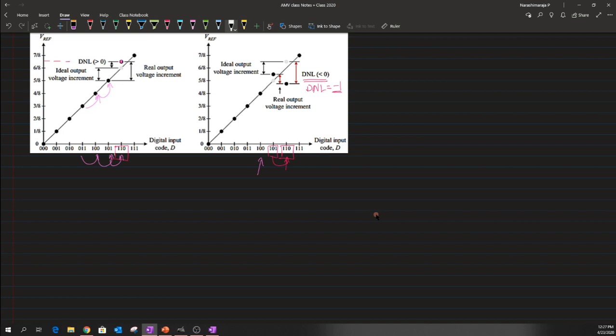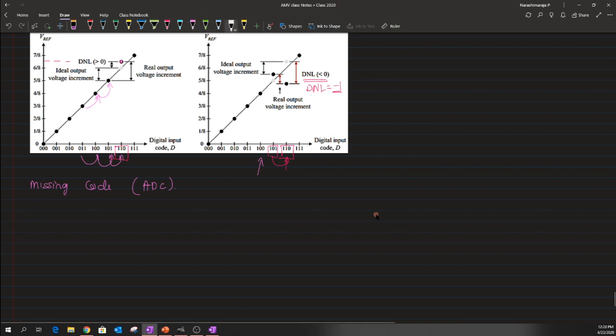Let me discuss the next topic, which is the missing code, and this missing code is with respect to ADC, as I stated before. Whenever any ADC has a DNL of minus 1, it is guaranteed to have a missing code.